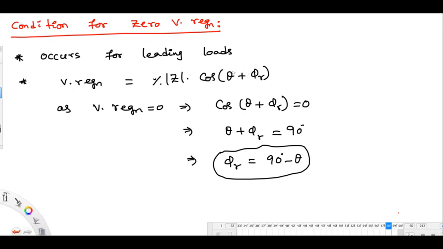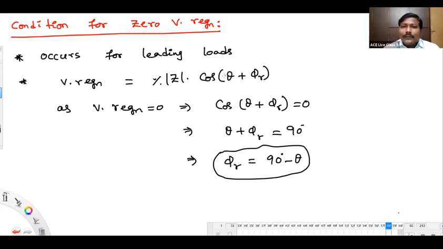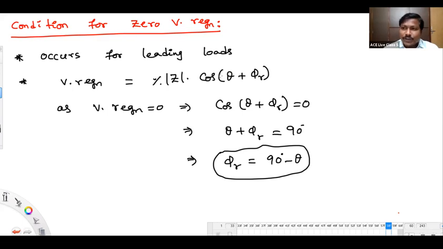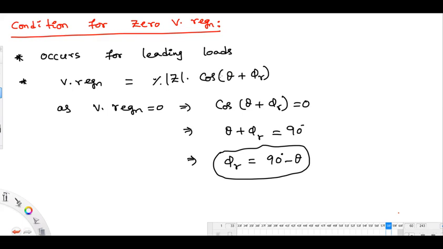Sir, are there any other definitions for passive networks? If the network satisfies the reciprocity theorem, then that network is called a passive network. Reciprocity theorem means the response to excitation ratio remains the same even though response and excitation are interchanged.